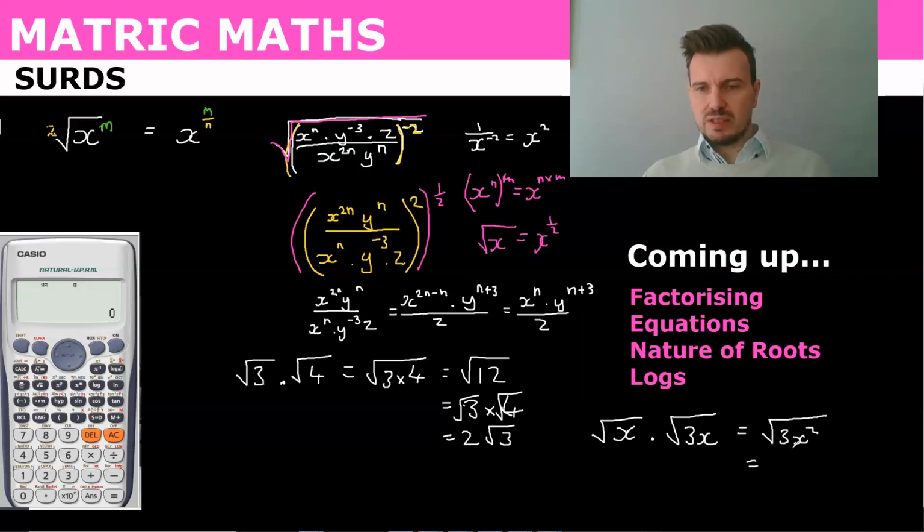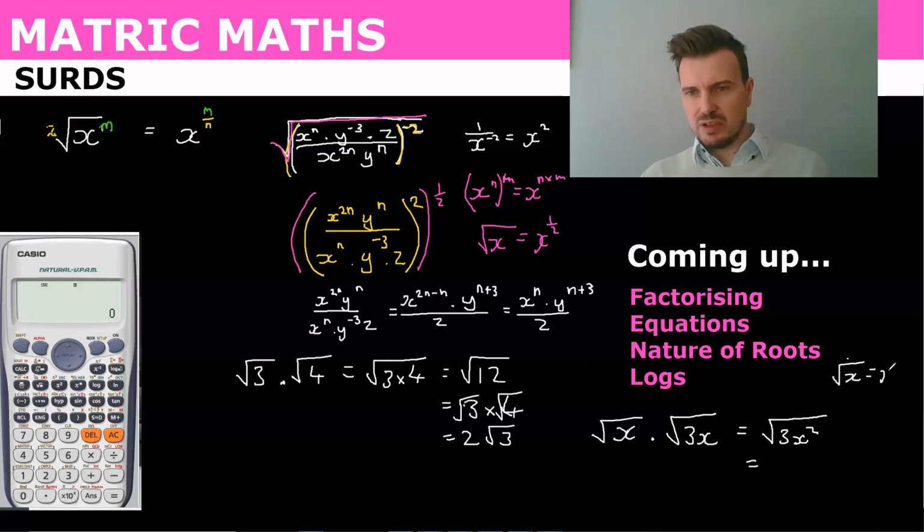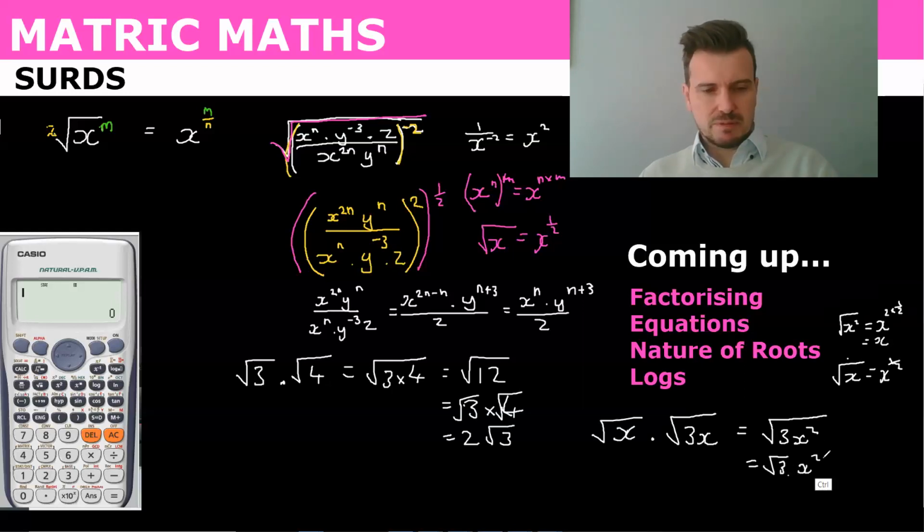And then when you square root an x squared, the squares cancel each other out. Because we know that the square root of x is the same as x to the half. So the square root of x squared is just going to be x to the 2 times a half, which is x. So this will be root 3 times x.